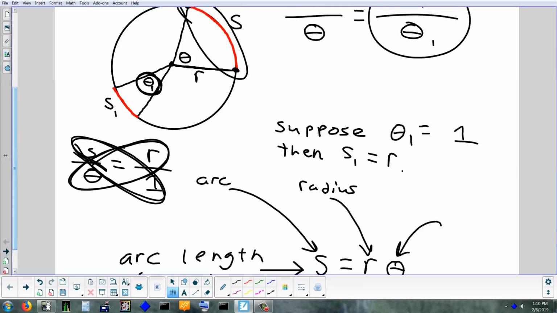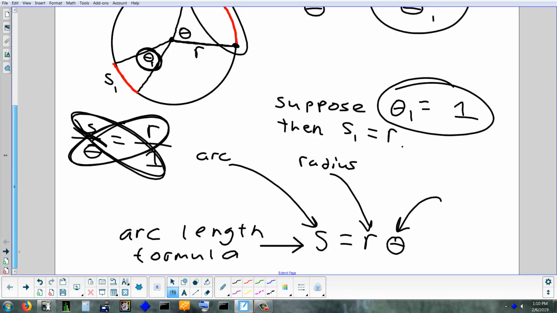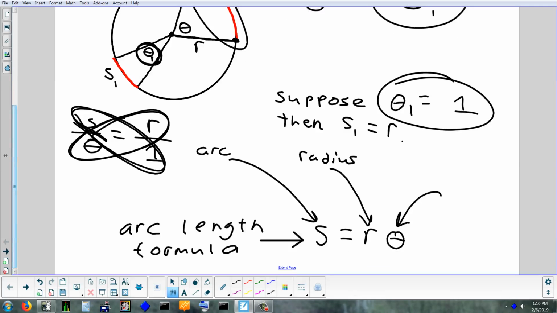Back when we created this formula, the fact that we started with was that theta 1 was 1. 1 what? Radian. 1 radian. So that means because we assumed that it was in radians, this formula has to use radians. So this is your angle. It has to be in radians.